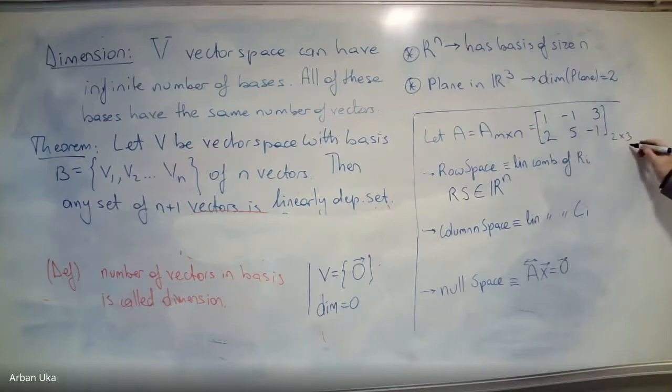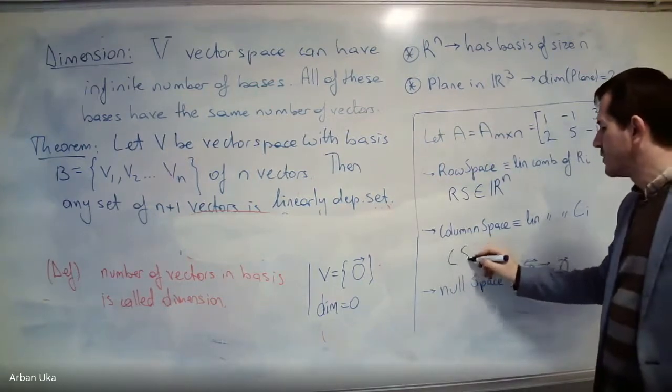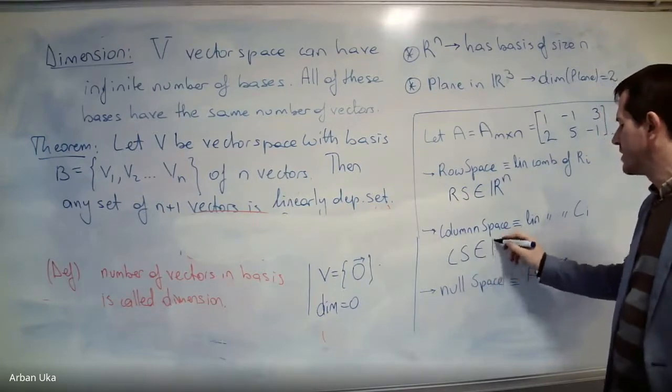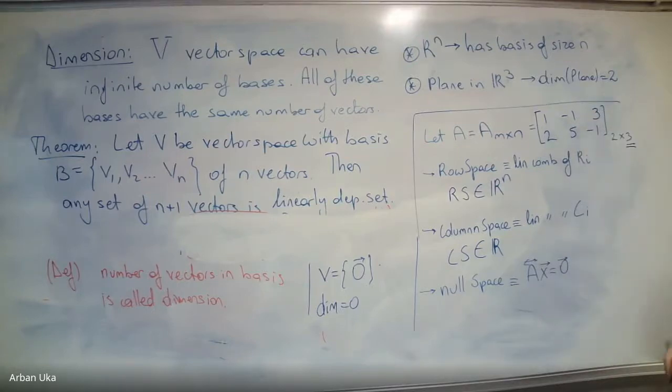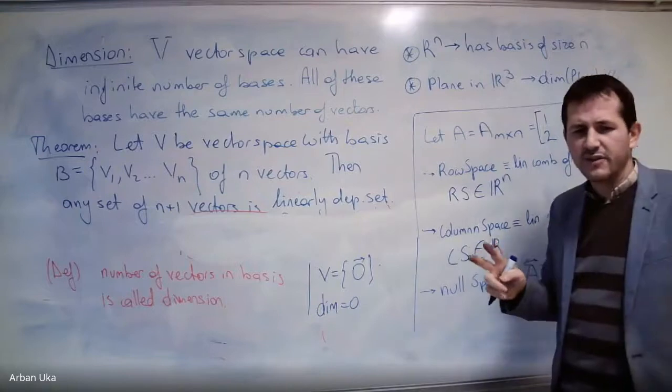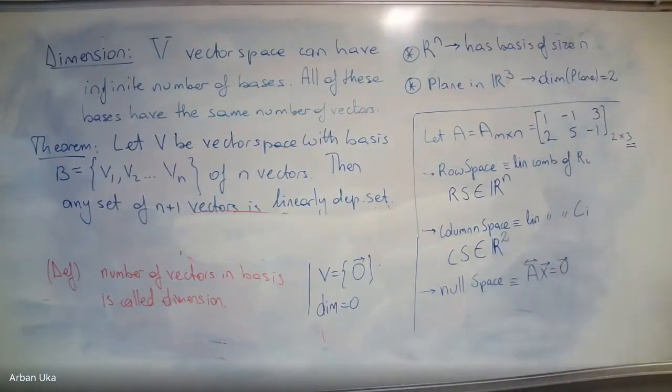And the column space is a subset of what? 1, 2 is a column, minus 1, 5 is a column, 3, minus 1 is a column, and all of these are defined by a pair of numbers. So this is R squared.